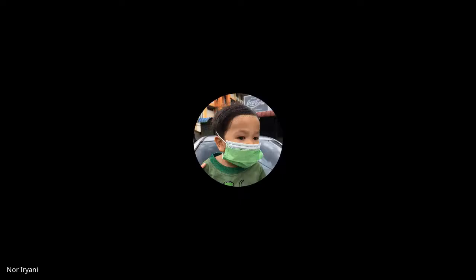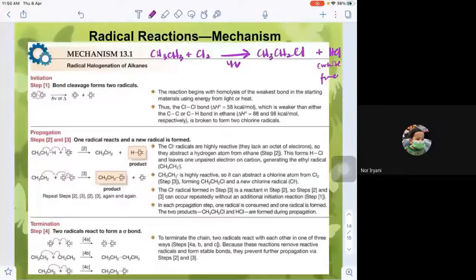This HCl is the white fumes too. Only if it is reacted with chlorine, then we will have this white fume of HCl.